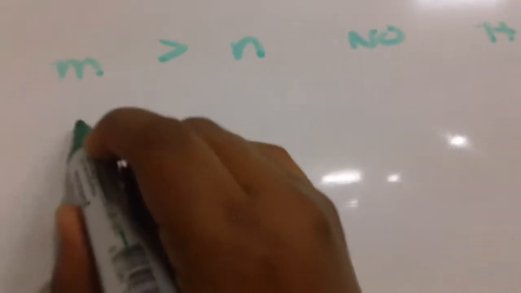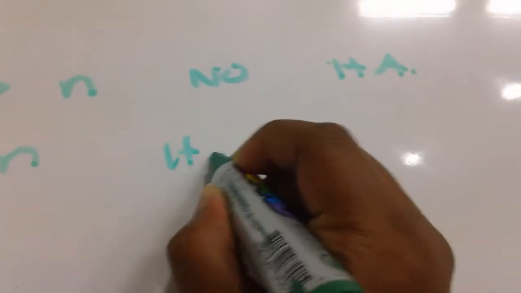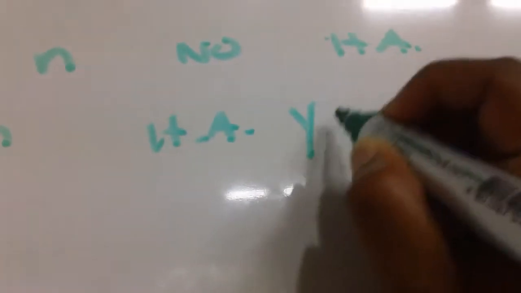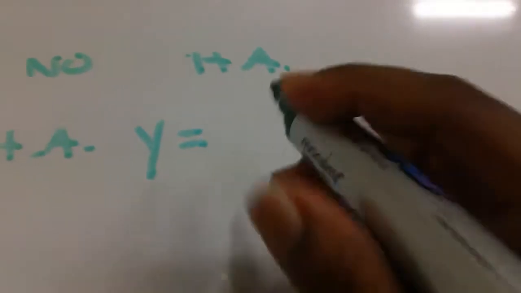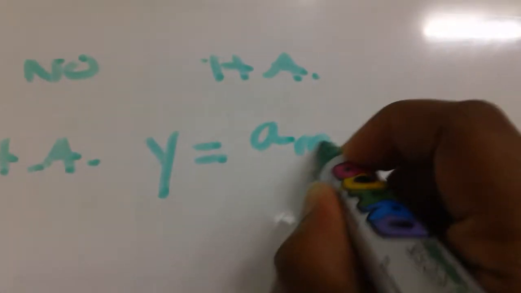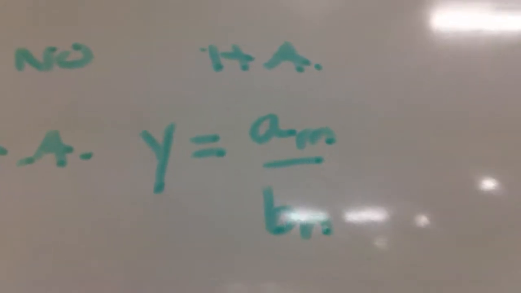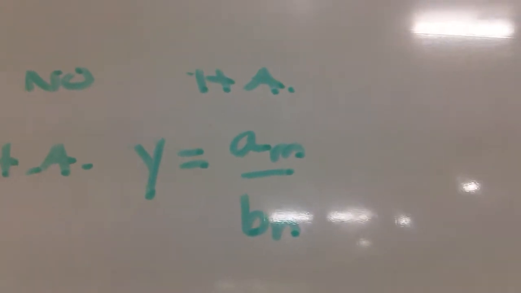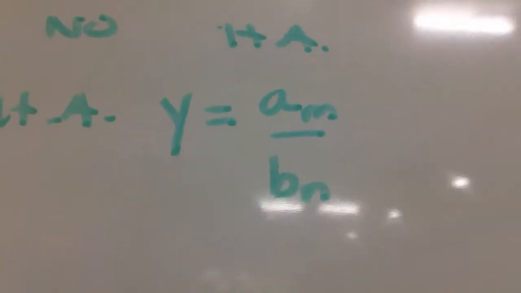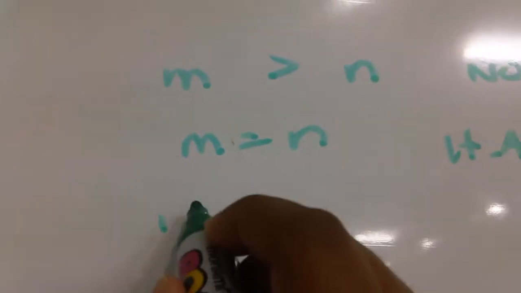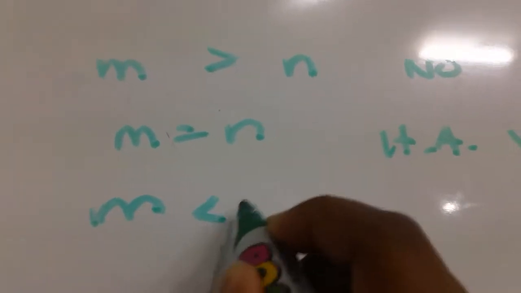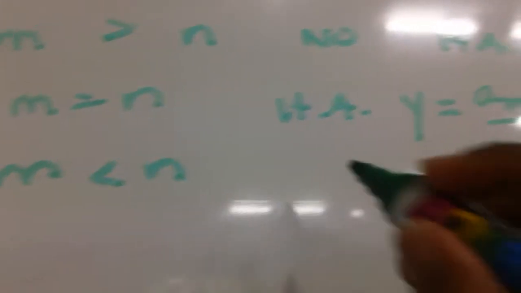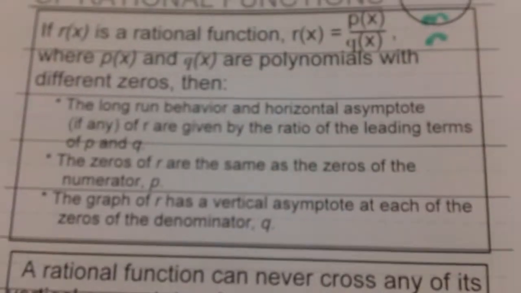If m is equal to n, then it does have a horizontal asymptote that can be found at the ratio of the leading coefficients of the polynomial in the numerator and the polynomial in the denominator. And if m is less than n, then you have a horizontal asymptote at y equals 0. So that's just a review of what we did last class.